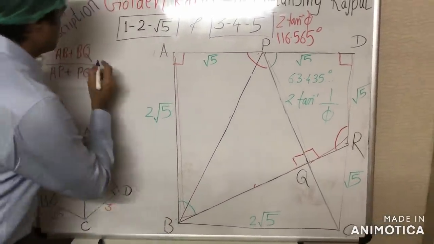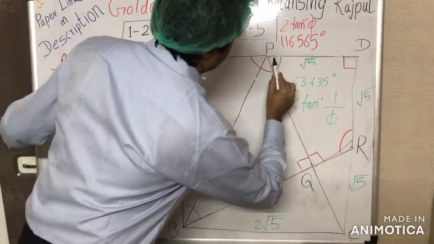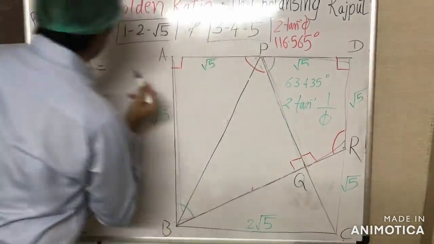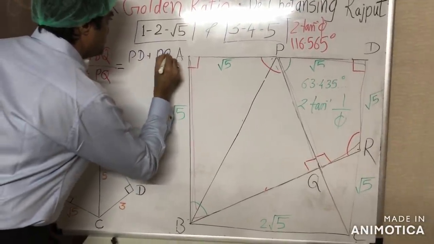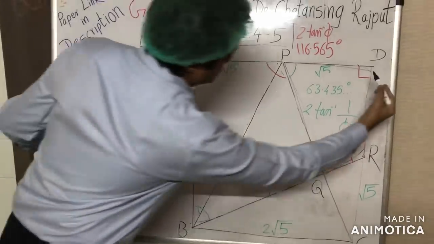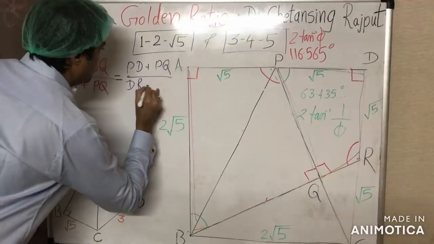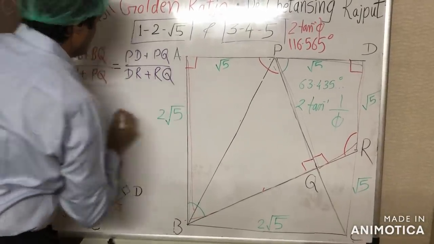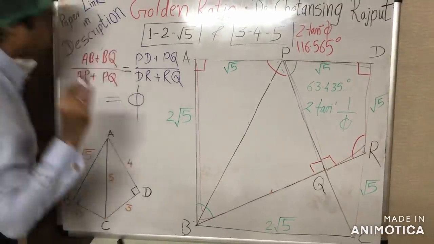Similarly, this is equal to the sum of two longer sides like PD plus PQ upon DR plus RQ, and these two values are precisely equal to the golden ratio.